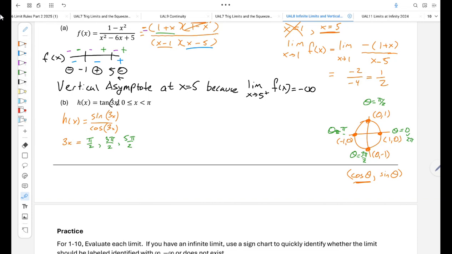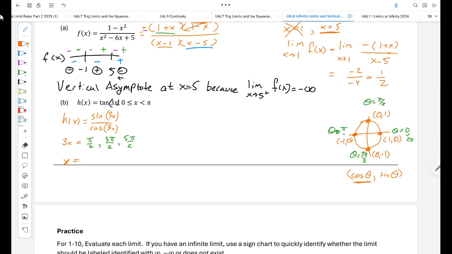Each one of those numbers coupled with 3x is an equation. So we're going to solve each one of them like an equation. We need to solve 3x equals pi over 2. Then 3x equals 3 pi over 2. And then 3x equals 5 pi over 2. We do all of that by dividing by 3. When you divide something by a whole number, that number just gets pushed into the fraction.